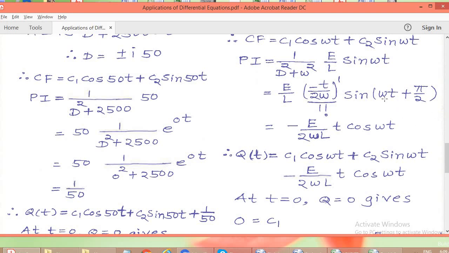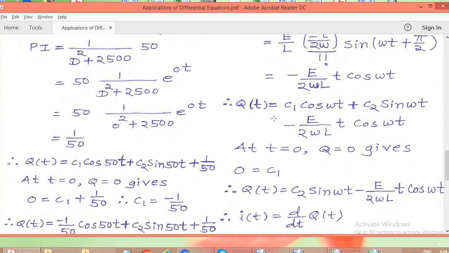In the second quadrant sine is positive, so it is plus, and since it is 90 degrees, sine will change to cos. Thus sine of pi by 2 plus omega t equals plus cos of omega t, and after simplification, minus E upon 2 omega L.